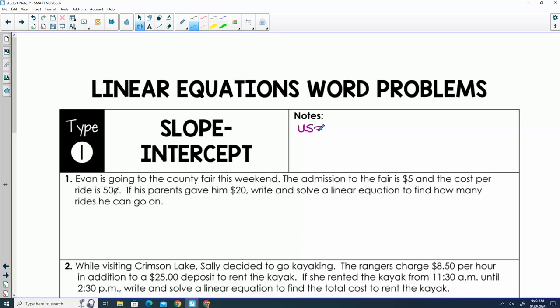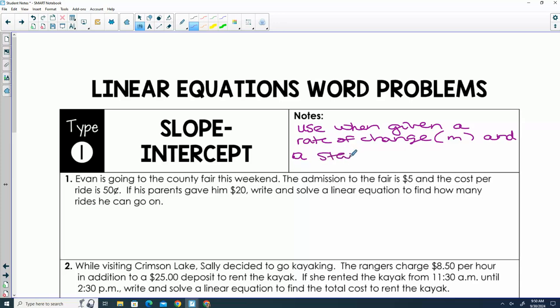We use this when given a rate of change, that's the slope, the m, and a starting point, and that would be our y-intercept, b. So m is our rate of change, b is our y-intercept.